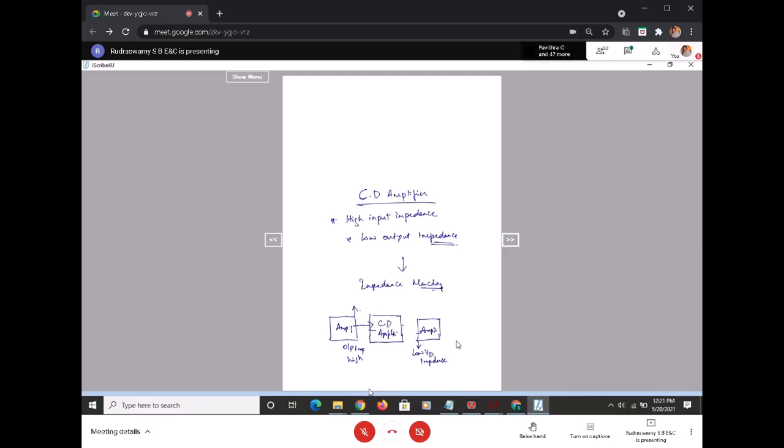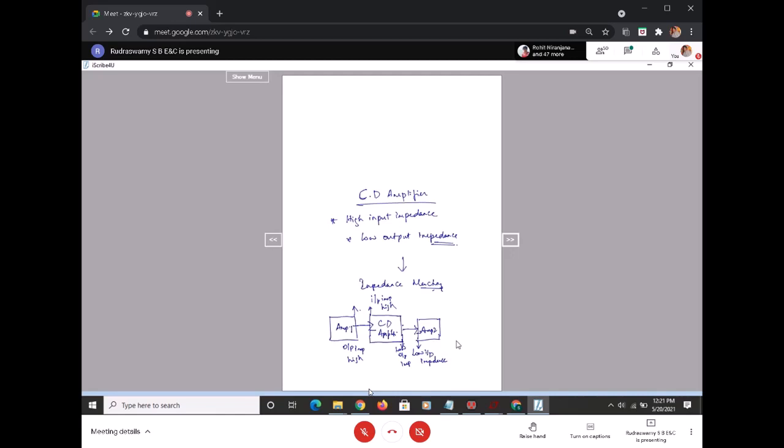Yes. Why? Because amplifier 1 has high output impedance. The common drain input impedance is high, whose output impedance is low. That's why we are trying to connect this with this now.